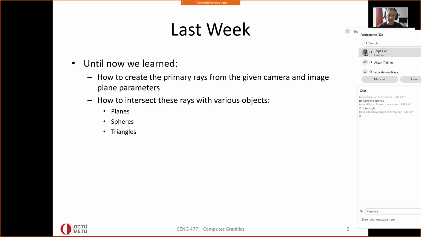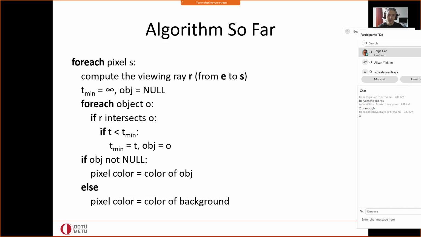actually, we've just finished the ray tracing geometry. So right now the algorithm looks like this, as also seen in the code that I show you. For each pixel, we compute the viewing ray. We just keep track of the minimum intersection of parameter t of that ray with objects. For each object in the scene, we test the intersection of our ray with that object.